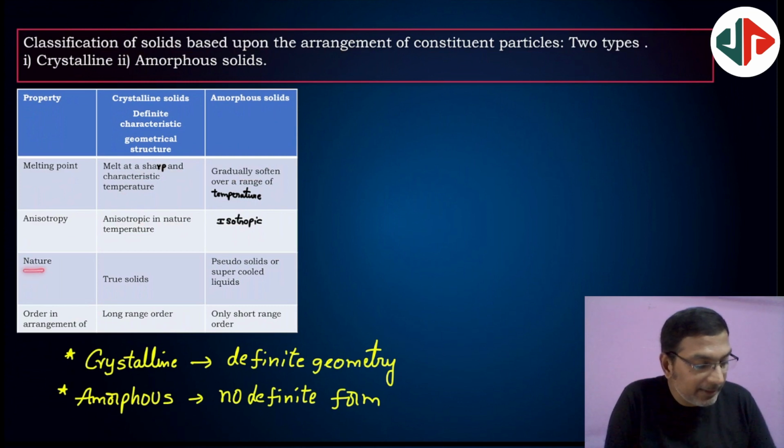Next, nature. Crystalline solids are considered as true solids or perfect solids. Amorphous solids are pseudo solids or supercooled liquids. Next, arrangement. Crystalline solids are having long range order. Amorphous solids are having short range order. So this is about classification of solids based on arrangement.